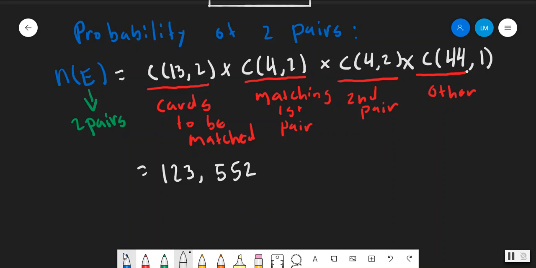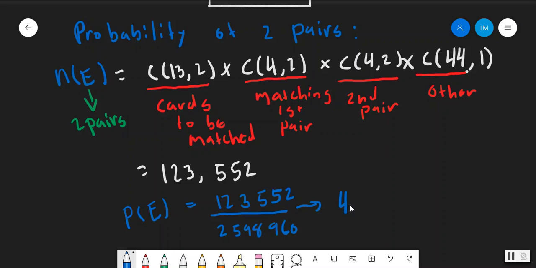Now, all of this has to be divided by the total number of ways that you can have a matching pair. So all of this is divided by 2,598,960. And when you do this computation, you're going to find that this gives you approximately 4.75%.